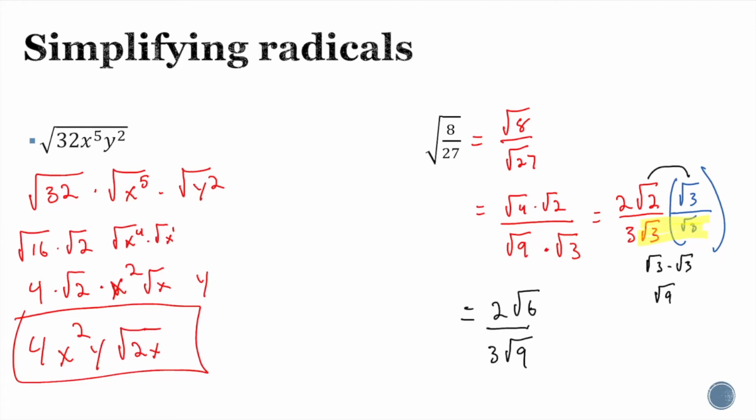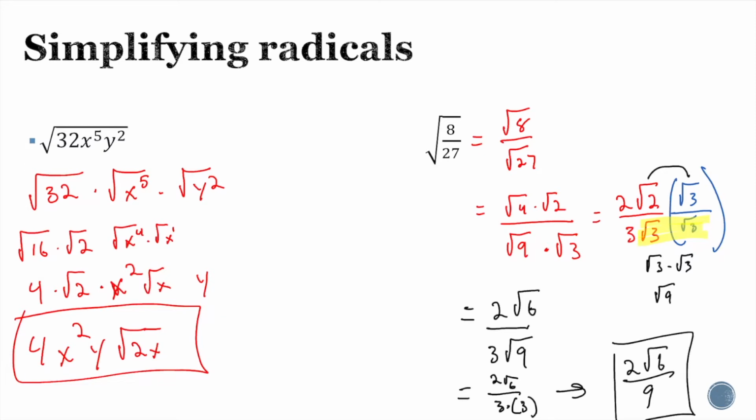So, almost done. Now the square root of 9 is 3, so I will get 2 times the square root of 6 divided by 3 times 3. That gives me an answer of 2 times the square root of 6 over 9. And that is how to simplify radicals in these two forms.